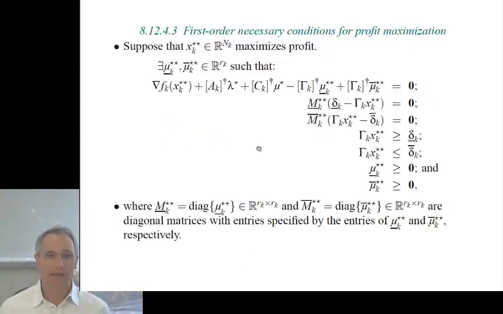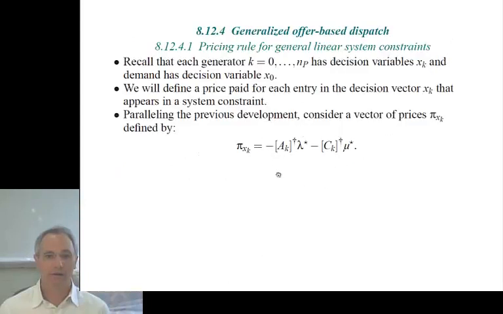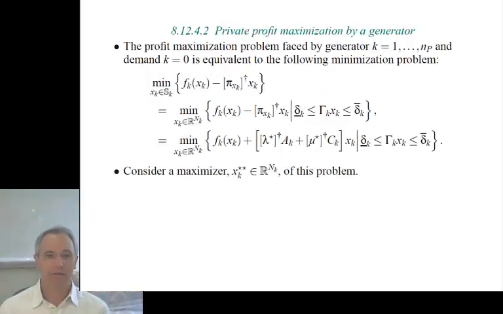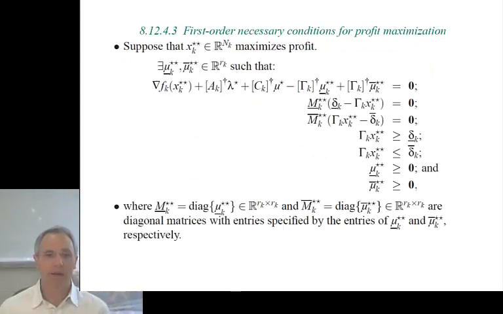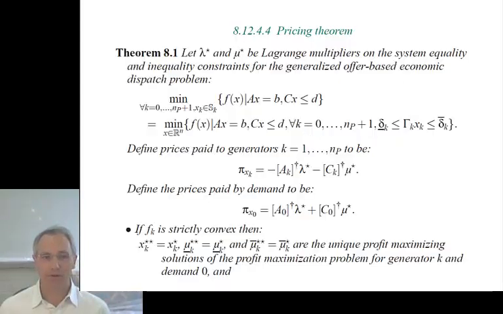In particular, if we set the prices as given by my definition here, we'll find that these conditions, as shown here, exactly reproduce the corresponding conditions in the first order necessary conditions for generalized economic dispatch. As previously, we can therefore find that xk double star, mu k double star, underline mu k overline double star, if we set them equal to the ISO solution, they'll satisfy the first order necessary conditions.